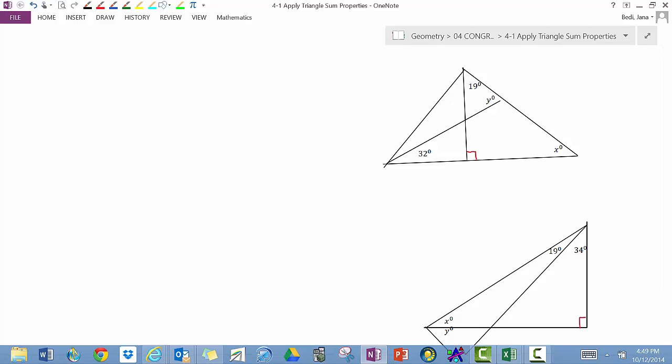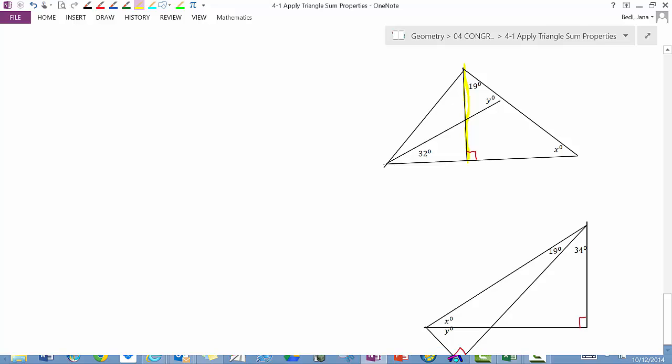Okay, you have a triangle within a triangle. Actually, you have quite a few triangles here. So let's look at what we are given. I see a right triangle, and I'm going to highlight my right triangle just so that I can see it better visually.